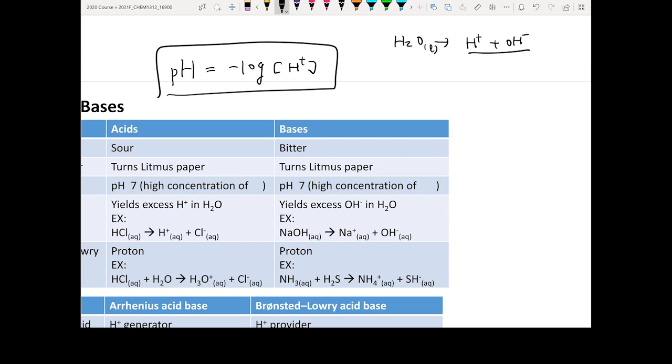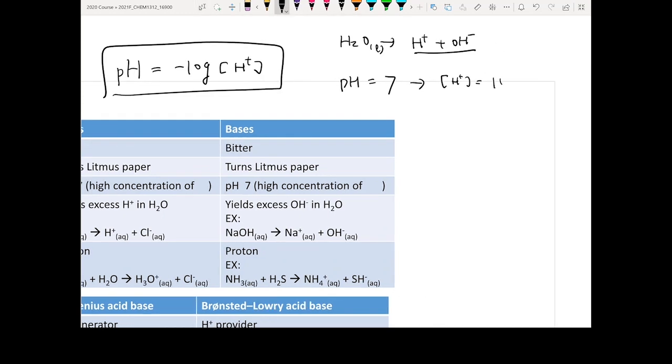But only a very small portion of that happens, because we know the pH of water is 7, right? That means the proton concentration inside your water solution is 10 to the -7 M. The proton concentration inside water is extremely low. Why is this?